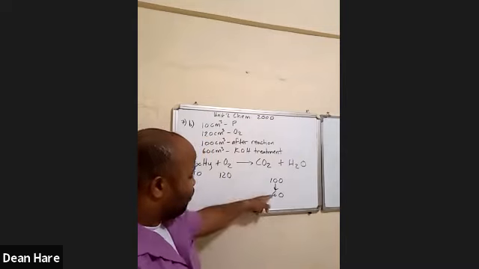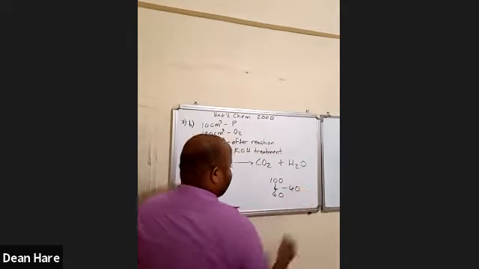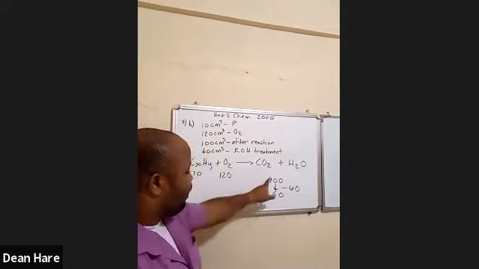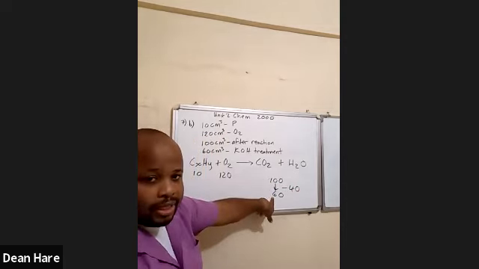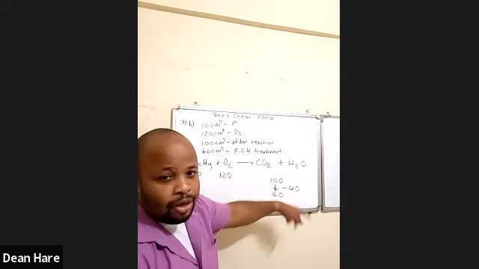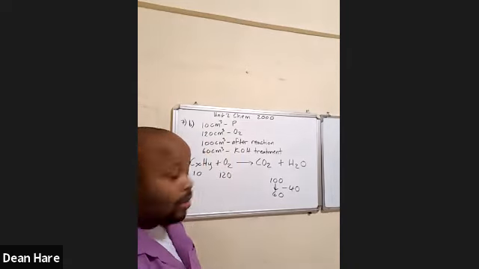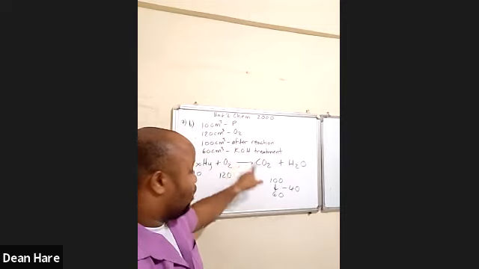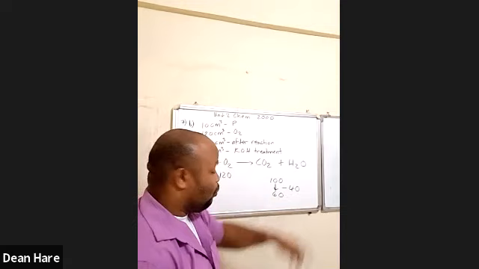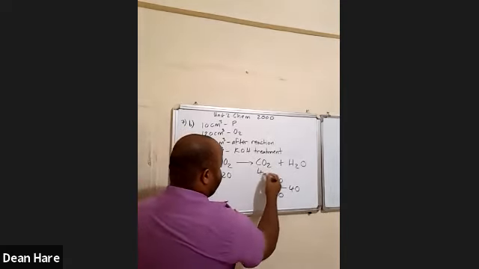So the difference between 60 and 100 is 40. When you treat the 100 cm cube of gas with KOH, the volume decreased to 60, which means 40 cm cube of gas was removed. Remember, KOH is used to remove CO2, so the 40 cm cube is CO2.